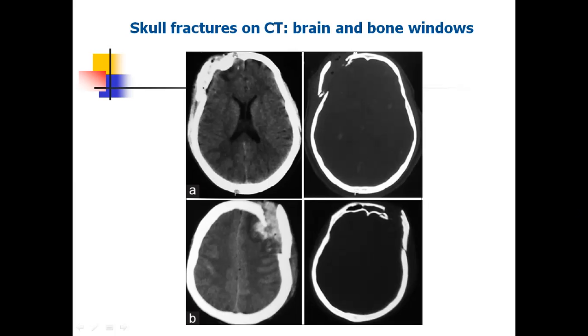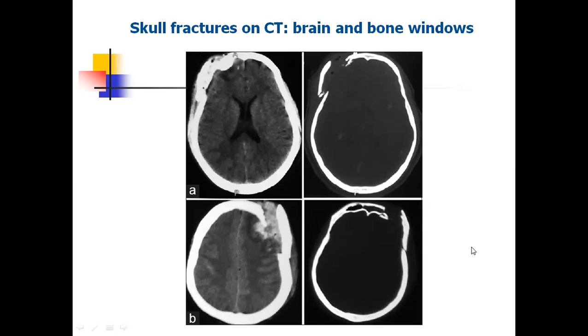There is nothing difficult in searching and finding the line of fracture in the skull bones, but I should say that skull fractures on CT should be evaluated both in brain and bone window, because in the bone window we see only fractures of bones, and in the brain window the reaction of surrounding tissues is also present.